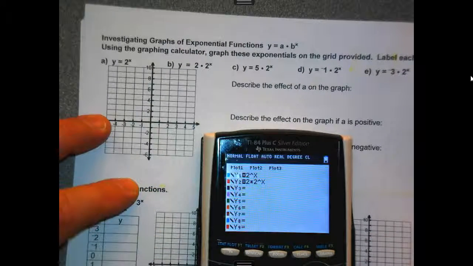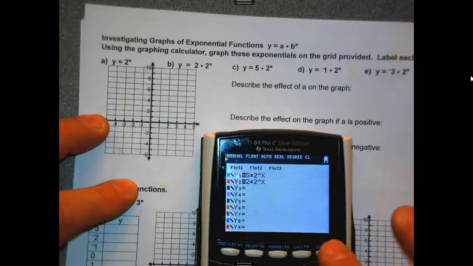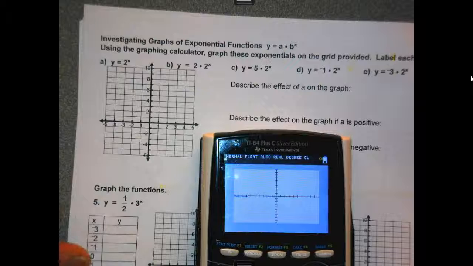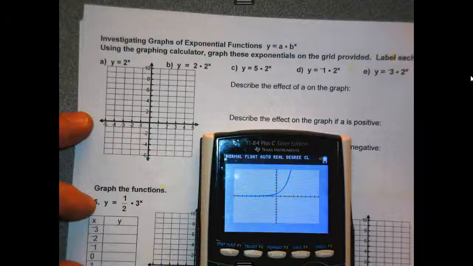Okay, 5 times 2 raised to the x. See how it's actually stretching it?